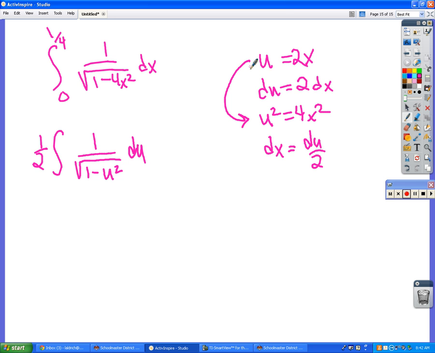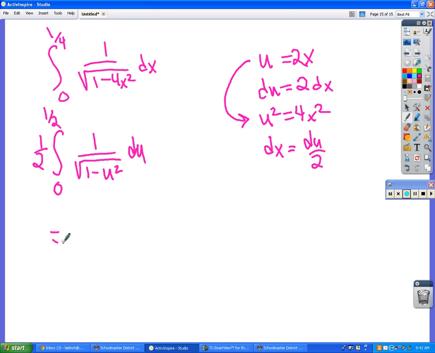So 0 is still 0, because 2 times 0 is 0, and 1/4 is now 1/2, because 2 times 1/4 is 1/2.